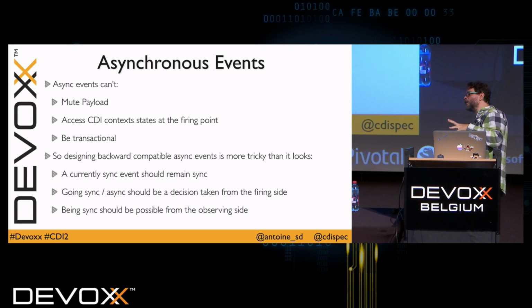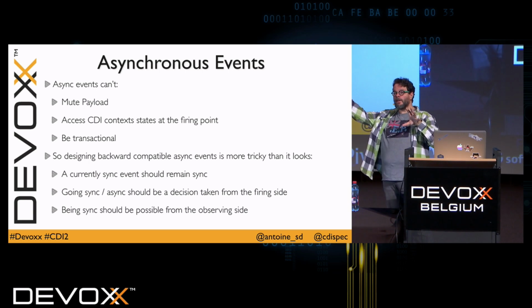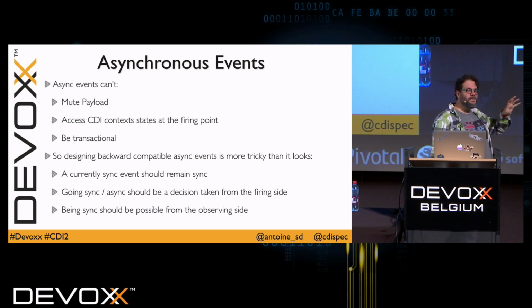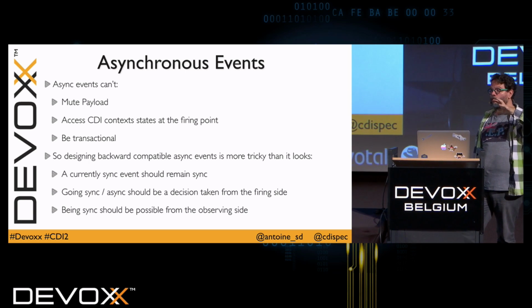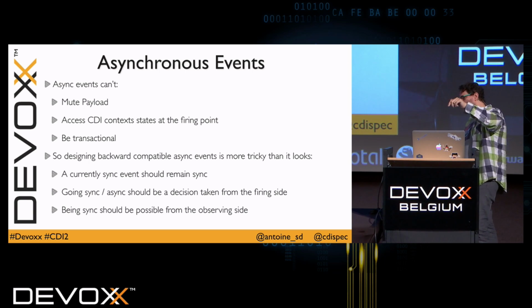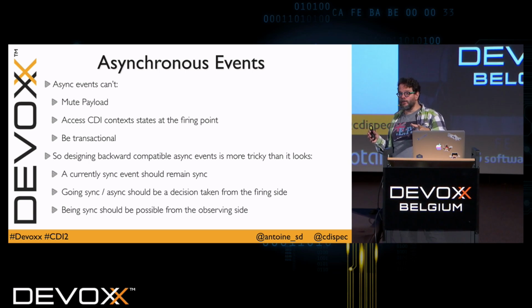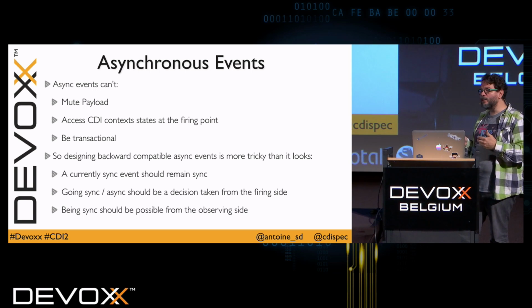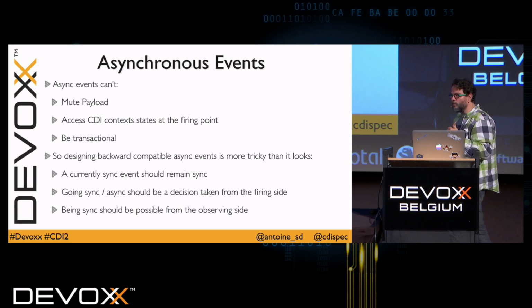They are assuming that users of this library will observe the event in their code, and vice versa. There are libraries observing certain kinds of system events, for instance, you can observe the fact that a context was started, and they don't fire this event. So you have consumer and producer alone, and they assume today that they are working in the same thread. They can inject instances in a certain context, etc. So you cannot decide to go async only on one side. You have to decide it on both sides.